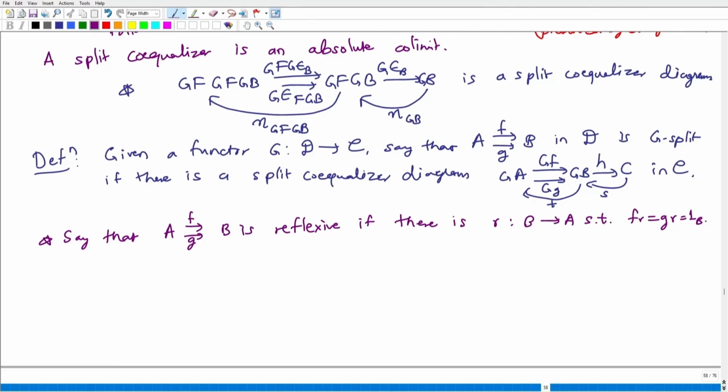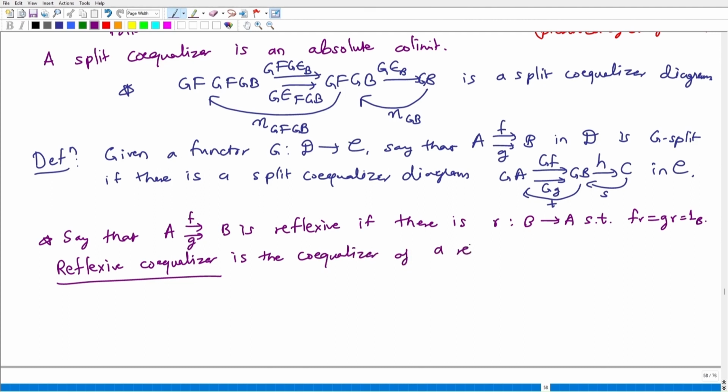A reflexive coequalizer is the coequalizer of a reflexive pair. So we are given a reflexive pair, take its coequalizer.